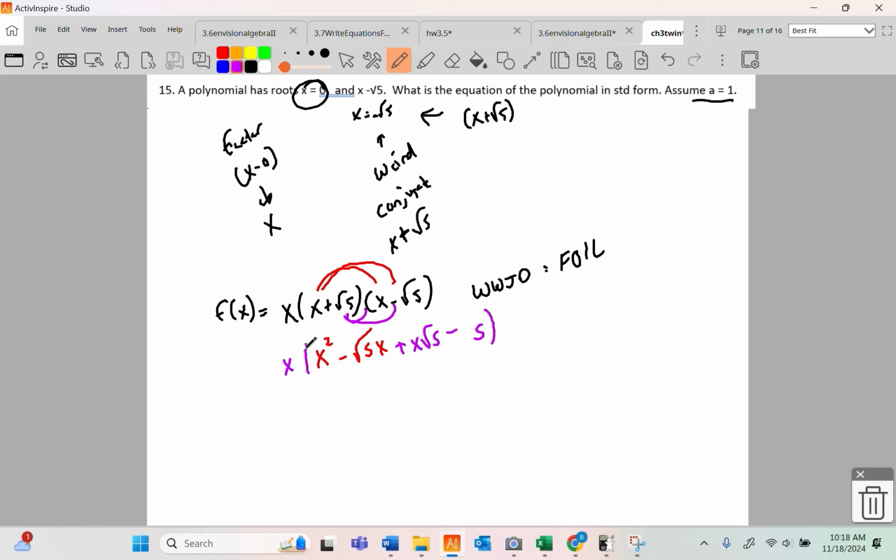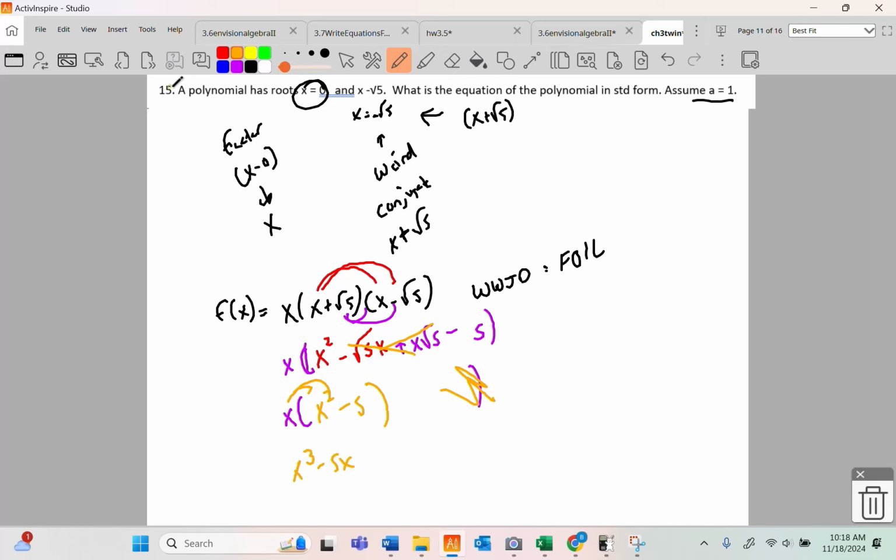Still got the x out front, but let's clean up the inside first. We have an x squared, and these guys cancel. I don't even need that set of parentheses all the way over there. Now I just do the distributive property: x cubed minus 5x. So it looked like it might be hideous, but it was not hideous at all.